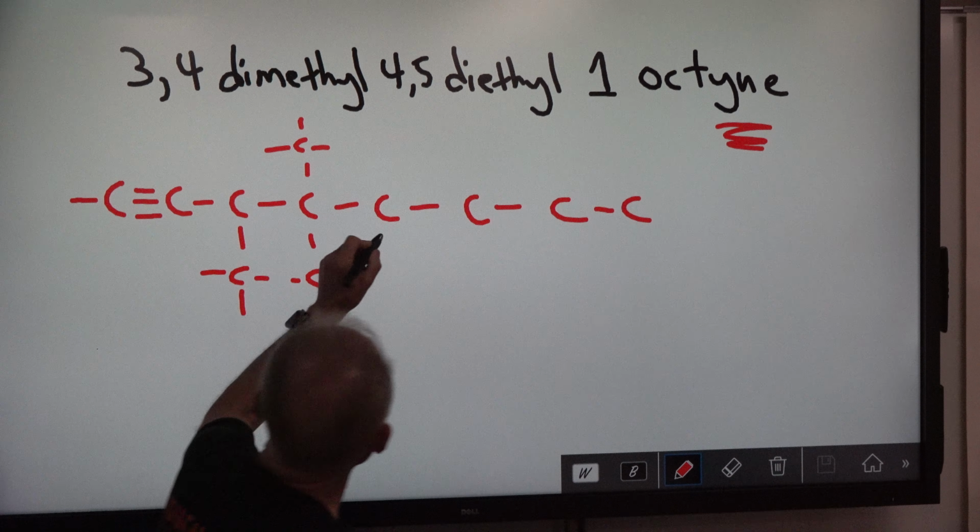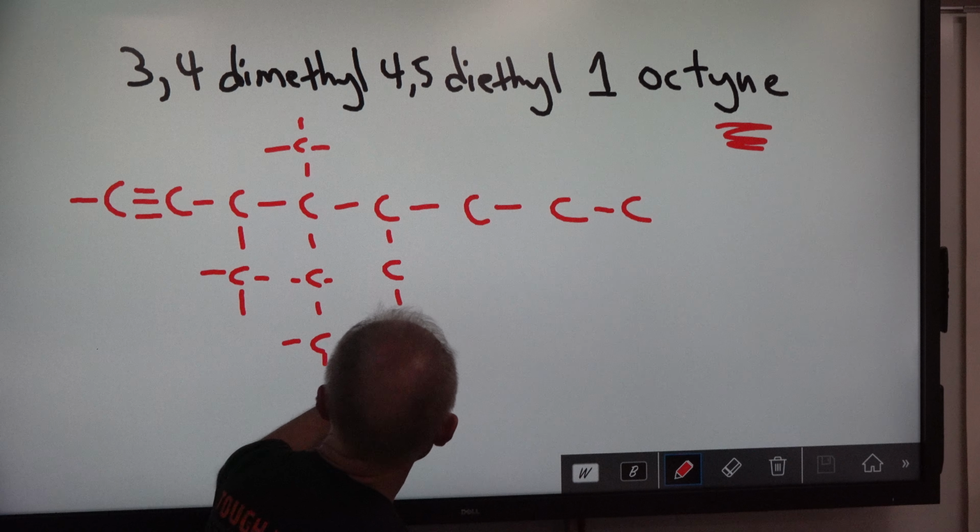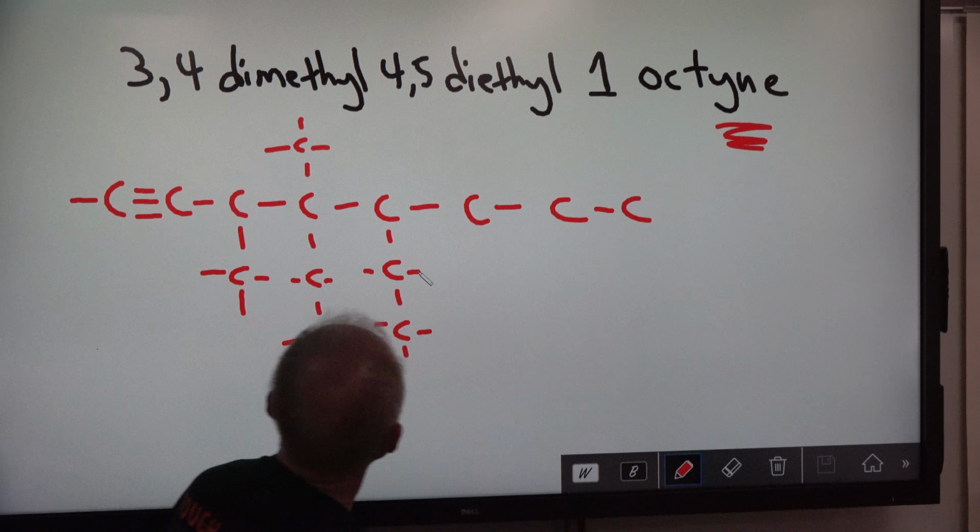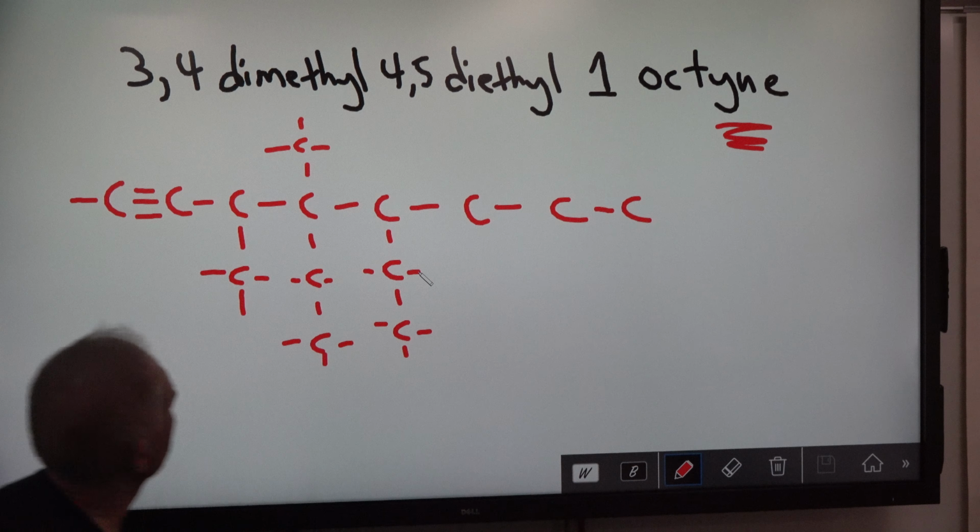We put 1 at 5. And there is our 3,4-dimethyl, 4,5-diethyl, 1-octyne. Remember, you have to build the trunk first, and then throw the branches on top of it. Okay?